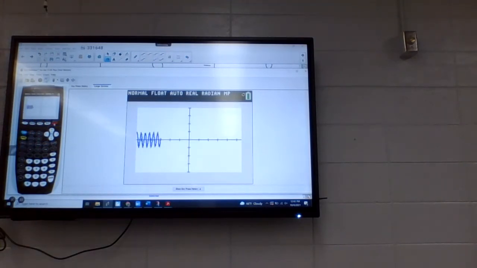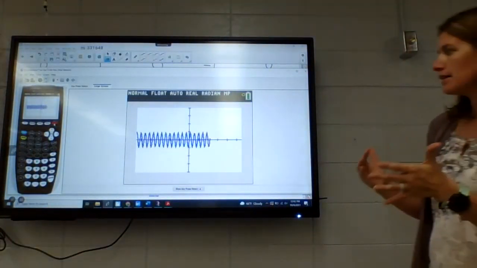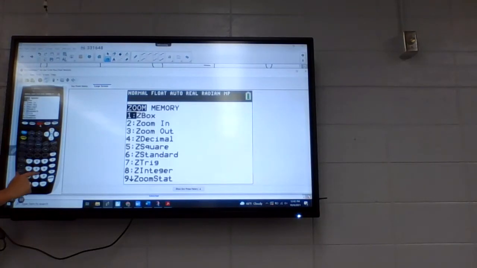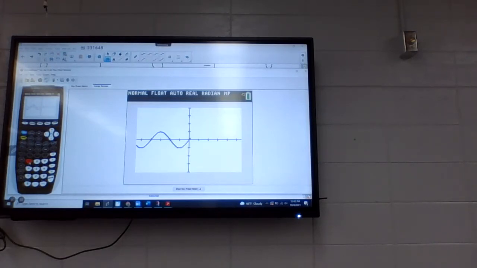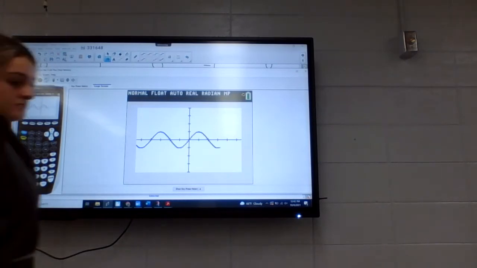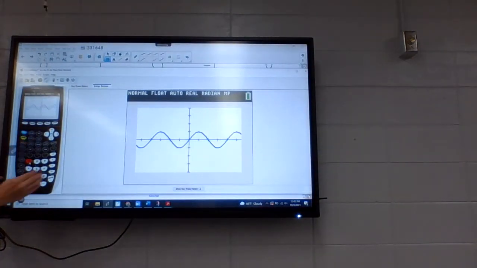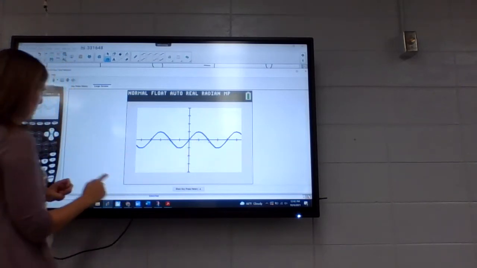This one's still in the same zoom it was just in, where it's going by 90s. Now when I do zoom trig, I bet every line is pi over 2. So that spot's gonna be pi, I bet.